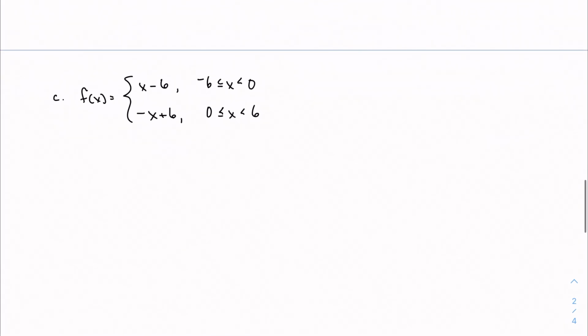And then with part C. Well, with a piecewise function, we're just going to check both the pieces under the same conditions. So this would be negative x minus 6 and x plus 6 under the same conditions, I believe.